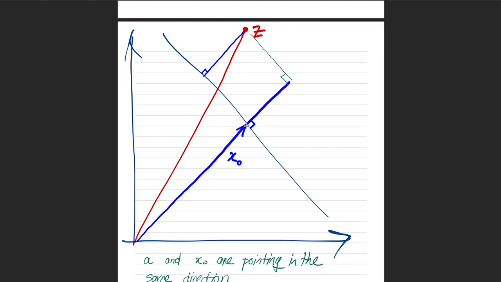From here to here is the length of x0 we found in the previous lecture. From here to here, we don't know. It depends on z, but what we learned about the cosine essentially tells us that this length is nothing but this length multiplied by the cosine of this angle. This is something we learned in the previous lecture.